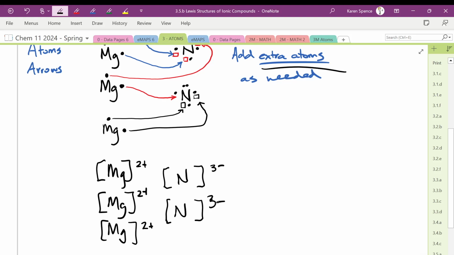Are you happy? No. I forgot all the dots on the nitrogens, yes? Okay.